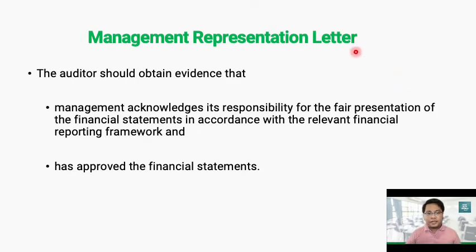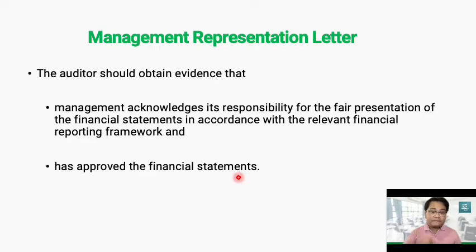Then finally, another procedure that we perform during the completion phase is obtaining the management representation letter. In this part of the audit, we should obtain evidence that the management acknowledges its responsibility for the fair presentation of the financial statements in accordance with the relevant financial reporting framework and that the management has approved the financial statements.